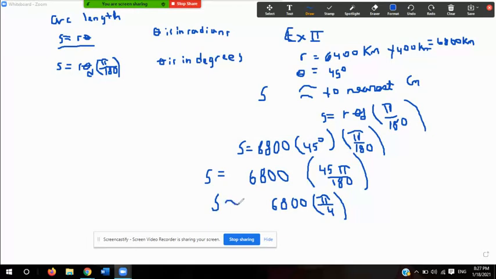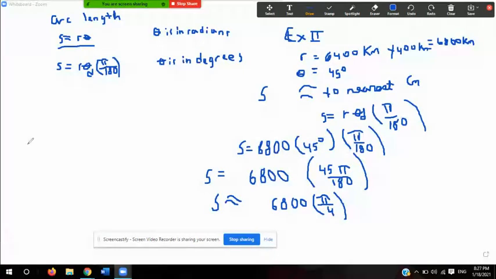So 6,800 times pi divided by 4 equals approximately 5,340.708.